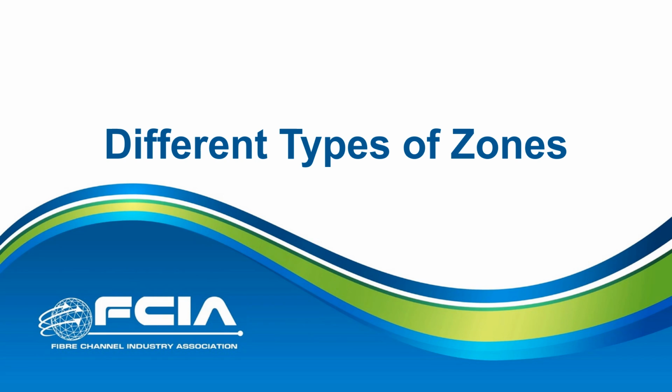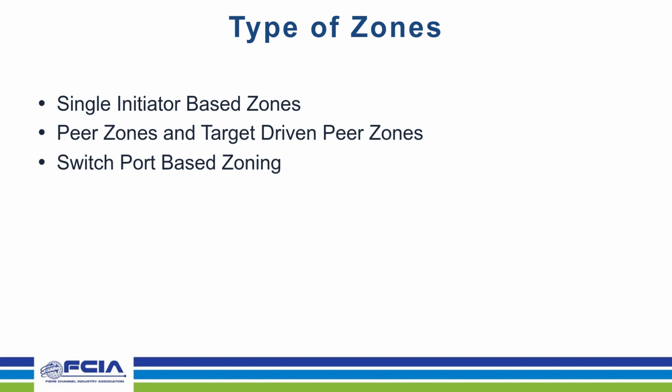So the three types of zones that we can create and are most popular are single initiator based zones, peer zones, and target-driven zones, and then of course the switch port-based hard zoning that AJ talked about.